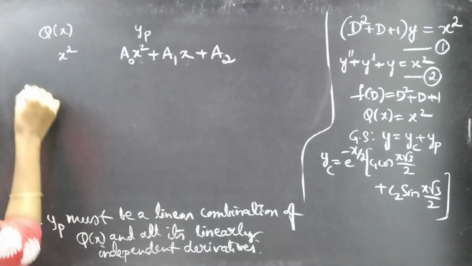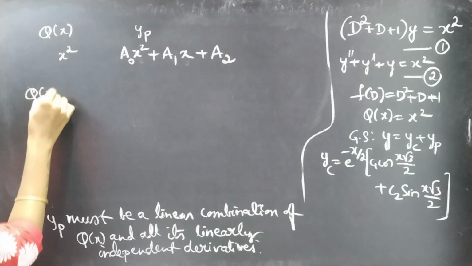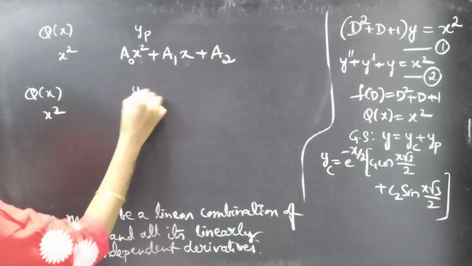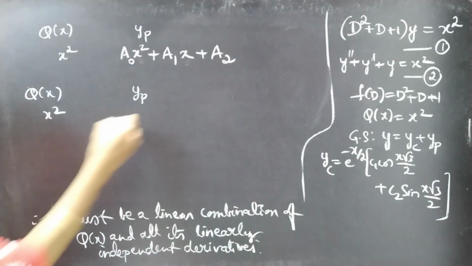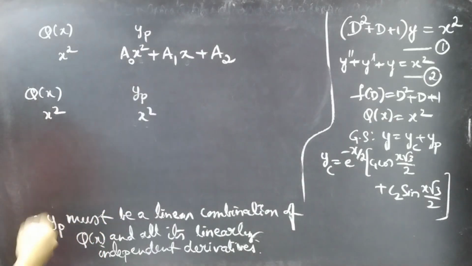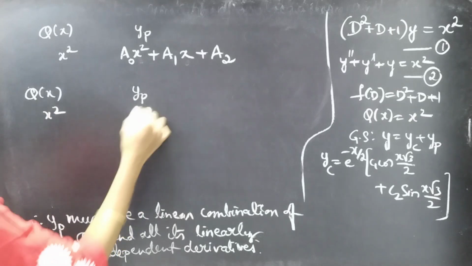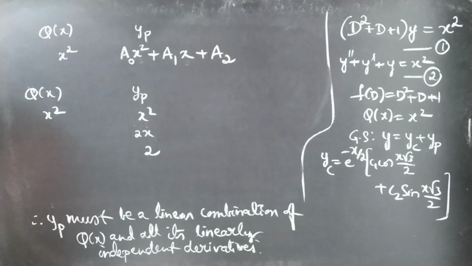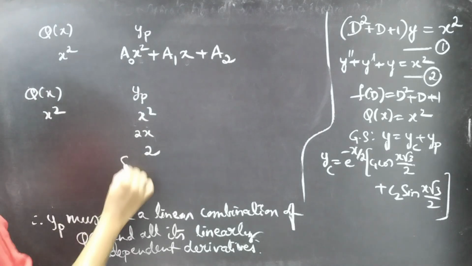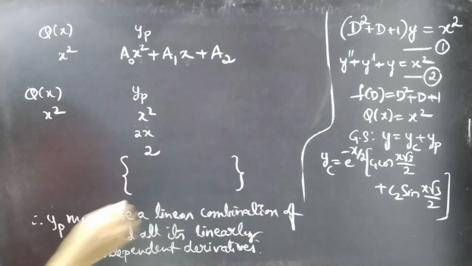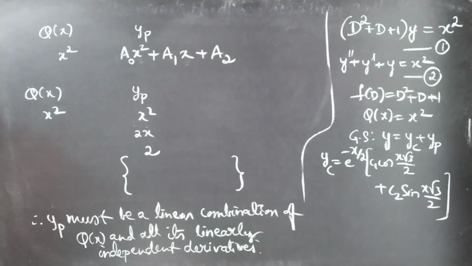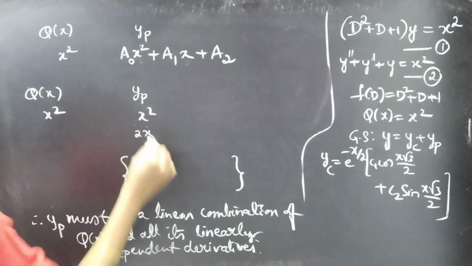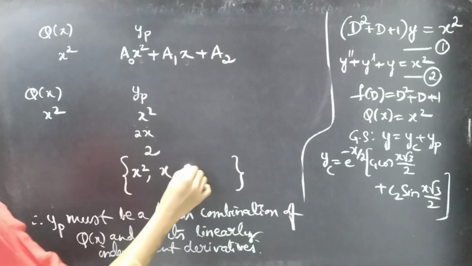Now, let's see the trial method. When q of x is x square, then yp must contain q of x, that is x square, and all its derivatives. Let's find its derivatives now. Derivative of x square is 2x. Derivative of 2x is 2. Right? So here we'll write q of x and all its derivatives in one set. Okay? So it involves x square, x, and a constant.